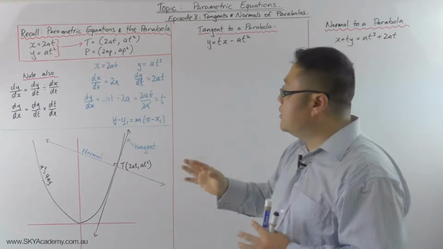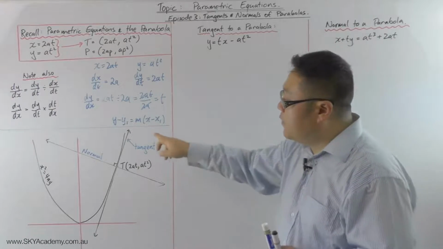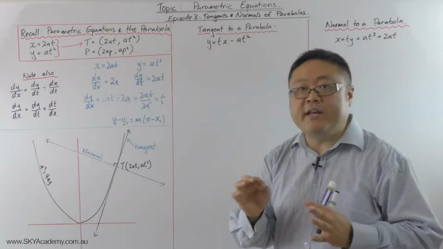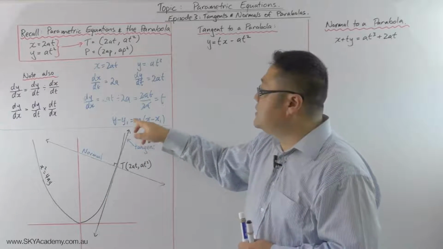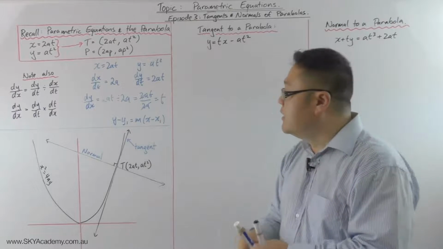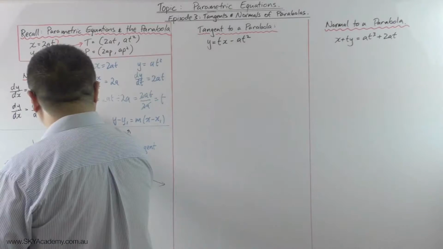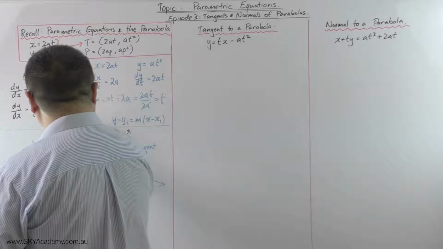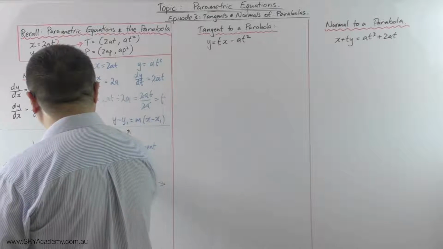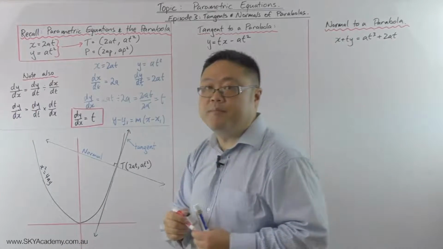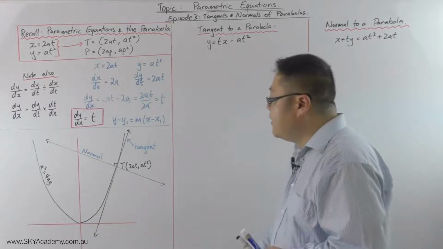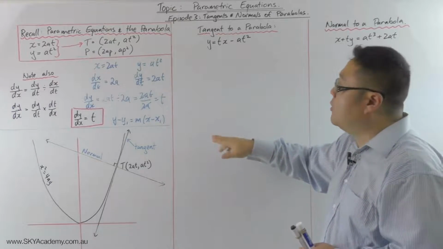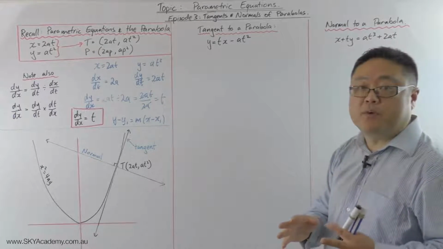What I want you to notice is that for the tangent, your gradient, or your first derivative, is going to be t. Let me write that down: dy/dx will be equal to t. Now, how does that help us to work out the tangent to a parabola?